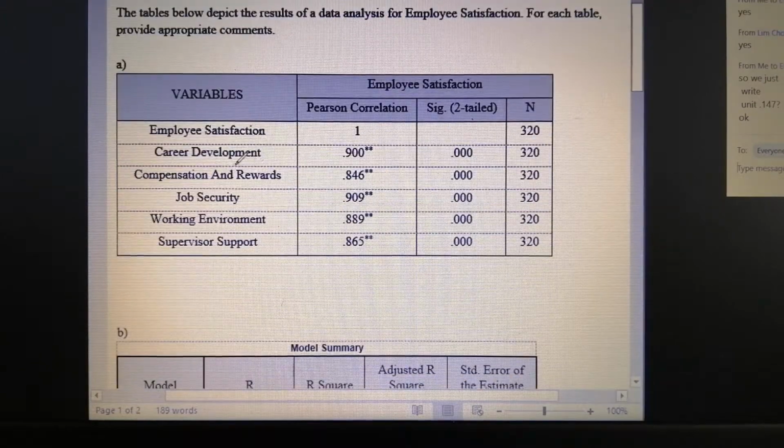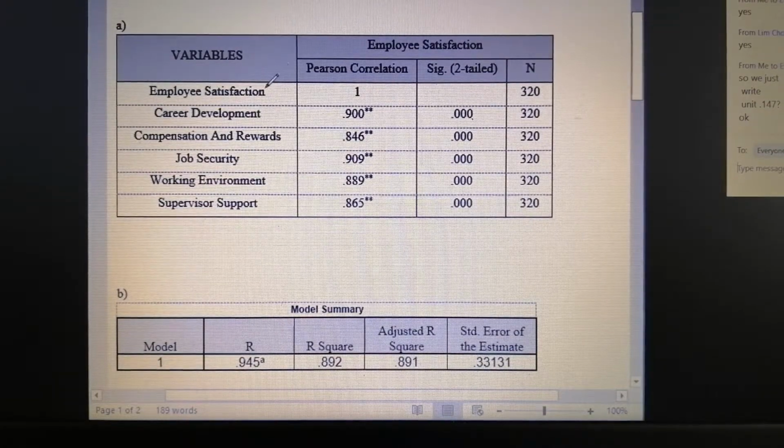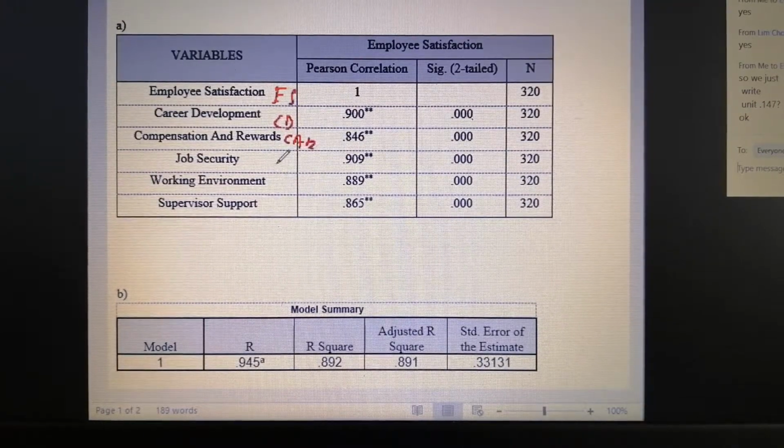They simplify it, so you can use the short forms ES, CD, CR, JS, VE, WE and SS.